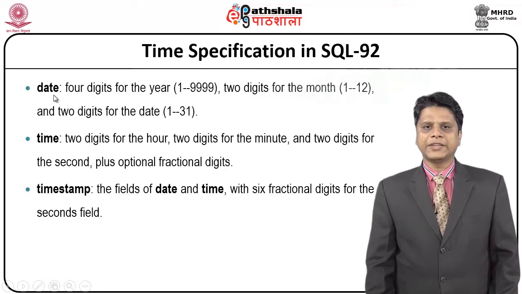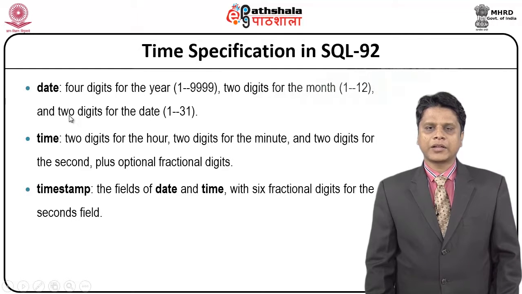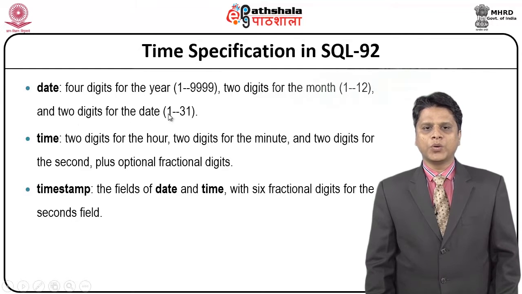Let us understand the format of the date. Date is majorly 4 digits for a year, from 1 to 9999, months will generally be 2 digits, from 1 to 12, and date will be between 1 to 31.